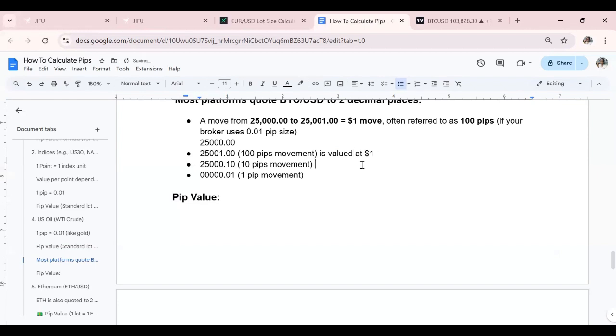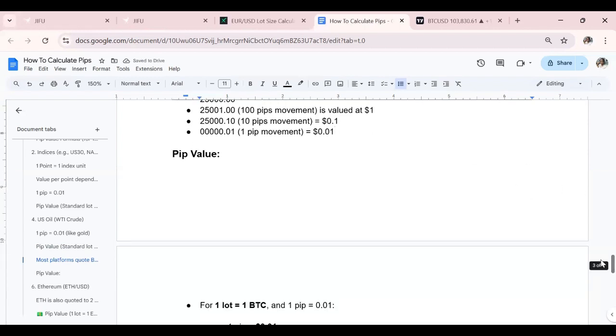You can also put this one is valued at 0.1, and then this is valued at 0.01. See, this thing is actually very straightforward, right?